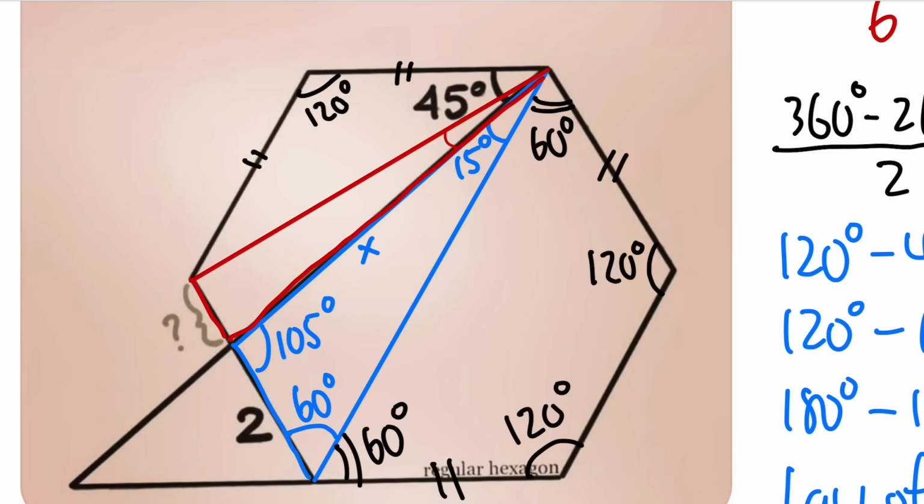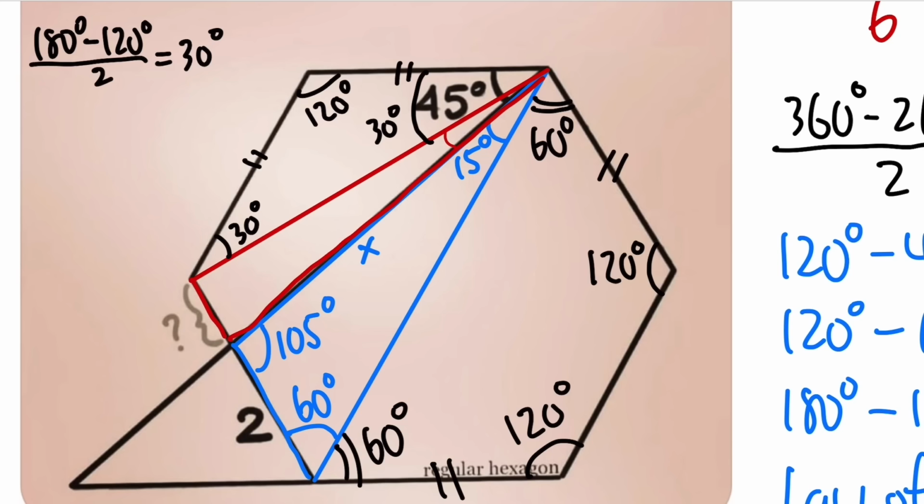So that means what? For this angle, just go ahead and do 180 minus 120, divided by 2, and we get 30 degrees. Right? As of this triangle, the base angles are the same. So this is 30. So that means this part here is 30 degrees, meaning that the red one here is 15 degrees.